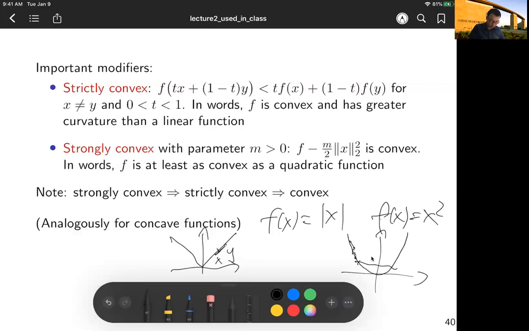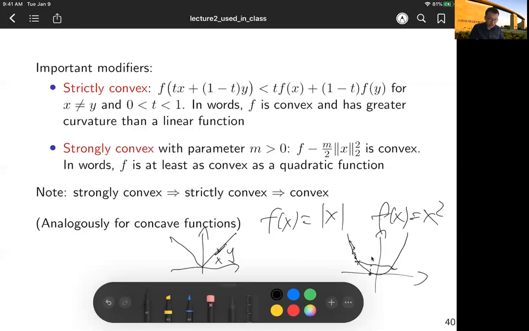If you take any 2 points and the one in the middle, this is always strictly smaller than that coming from the linear interpolation of the function. So again, this is of course strongly convex. It's actually strongly convex with parameter m equal to 1.